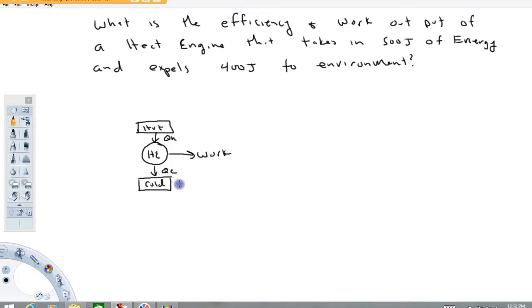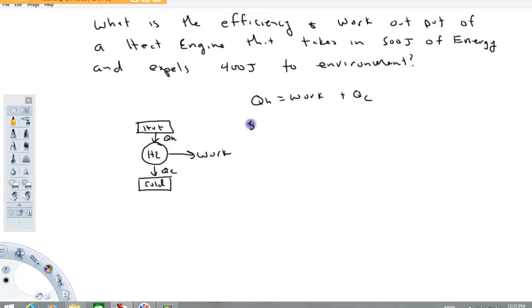All right, now that I've got my picture, I'm going to write out the following equation. What comes into the heat engine, which is Q sub H, has to leave the heat engine, which is the sum of these two terms, the work term plus the Q sub C term. In the problem I've made up here, the Q sub H is the 500 joules, because that's energy going in.